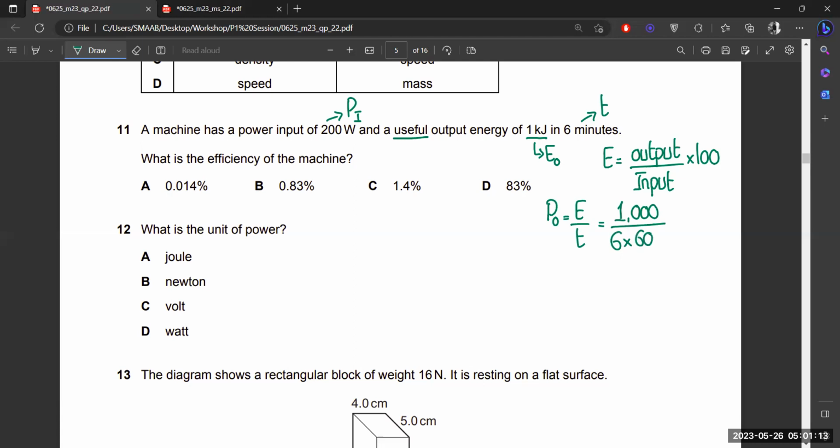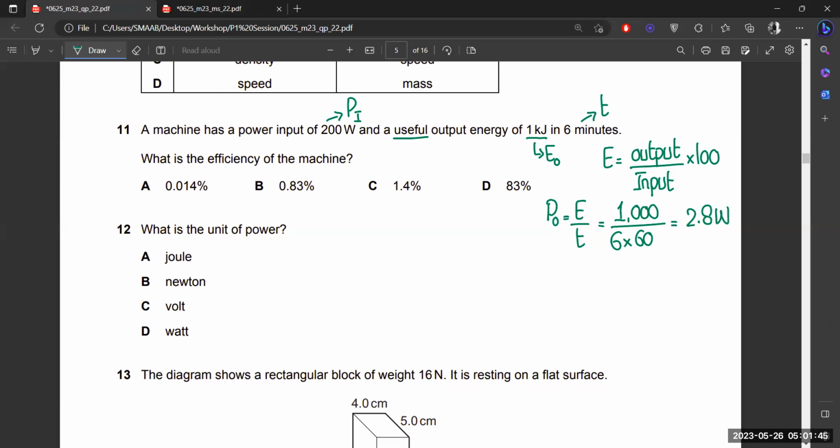Just calculate it and let's see what answer we get. 1000 divided by 360, you are getting 2.777. Just round it to 2.8 watt. So basically output power is equal to 2.8 watt.